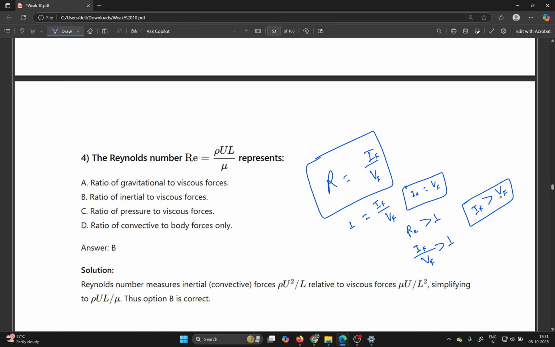That is, inertial force is greater than viscous force. Similarly, if your Reynolds number is less than 1, then IF divided by VF is less than 1, so IF is less than VF. So this will be your concept here. When your Reynolds number is less than 1, your viscous force will dominate. When your Reynolds number is greater than 1, your inertial force will dominate.